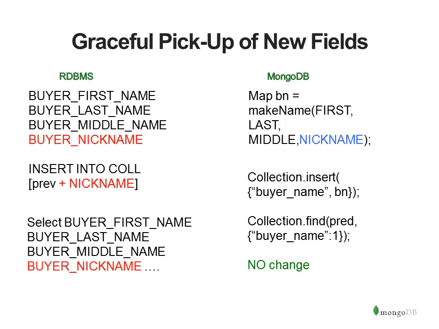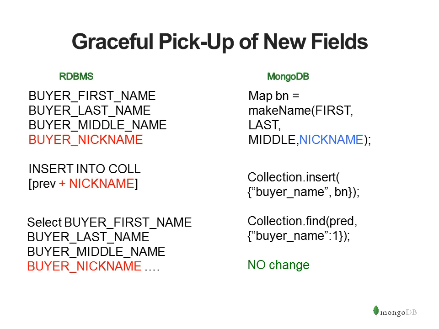So as my model changes, I have to include nickname in there. On the left-hand side, what do I do? Well, obviously I have to change my schema to add nickname, but all of my investment in my code that did inserts and selects has to now add nickname in. On the MongoDB side, I change my map to include nickname, and there's no change in the investment in code to insert and find these things.